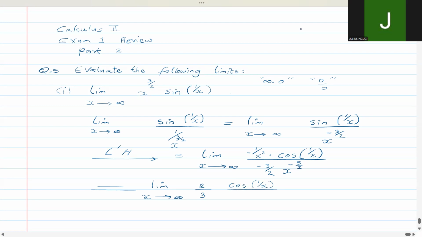Then you divide by x squared times x to the power minus 5/2. So this is the same as the limit as x approaches infinity of 2/3 times cosine of 1/x divided by x to the power of minus 1/2.